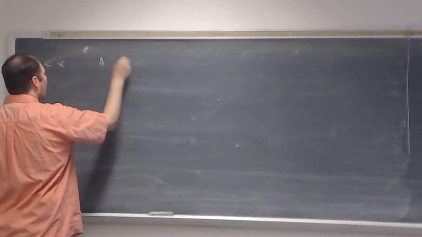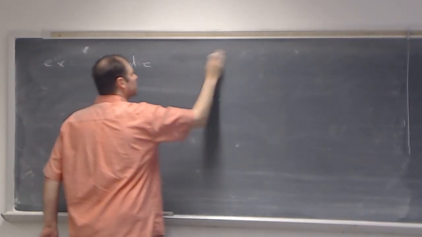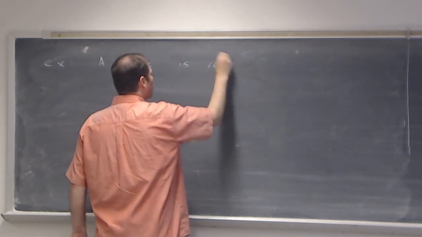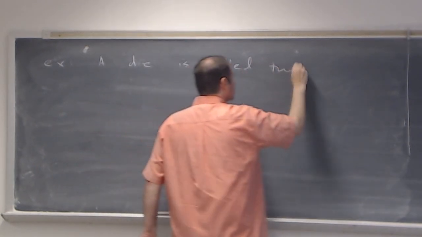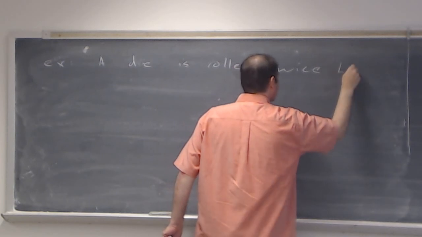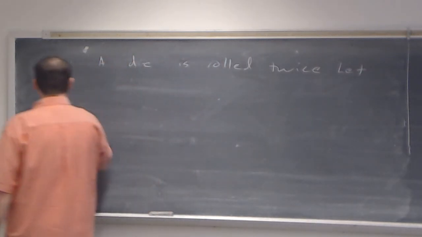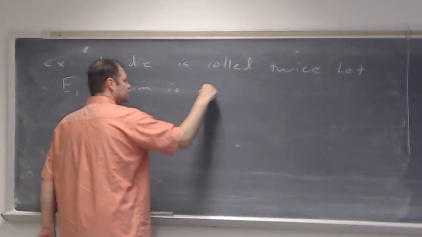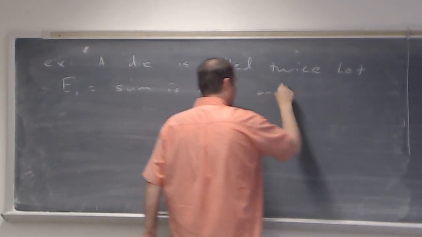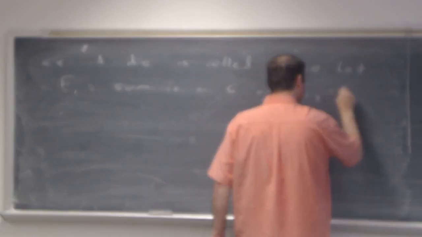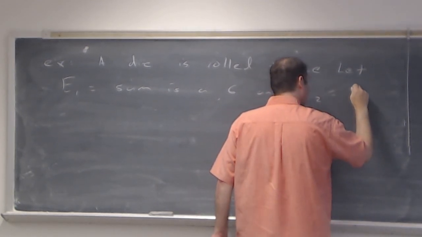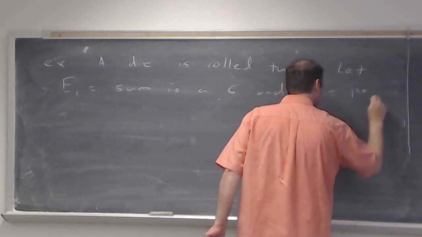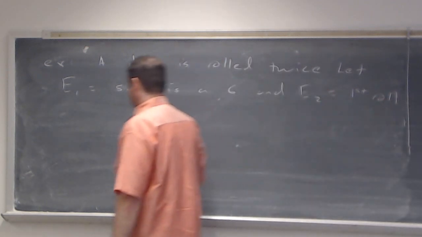The last example I want to look at: a die is rolled twice. Let E1 be the event that the sum is a 6, and E2 be the event that the first roll is a 4.